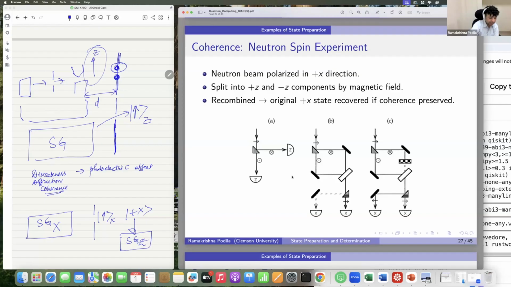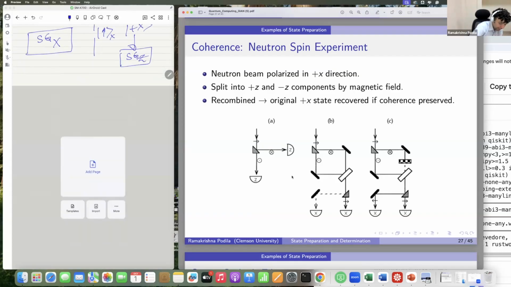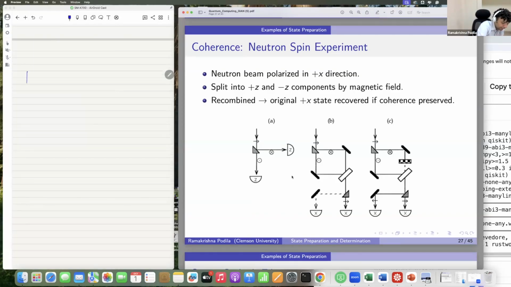That is, I take plus x, and then send it through, let's say, a Stern-Gerlach that is along z. Then I would get plus z and minus z, right?